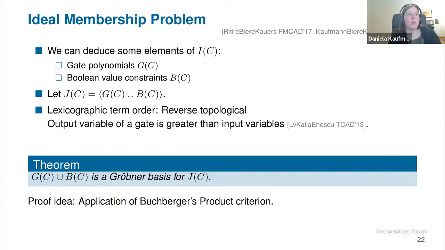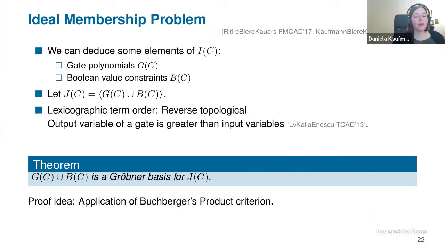So we do not have to compute the Gröbner basis, but by choosing this term ordering, we have already written down a Gröbner basis. The proof idea behind this is that we repeatedly apply Buchberger's product criterion, which allows us to skip parts in the computation of the Gröbner basis.